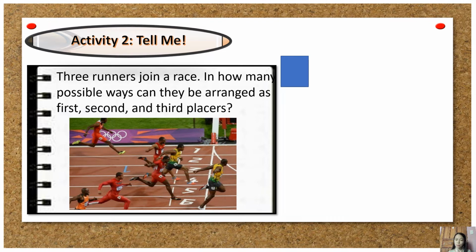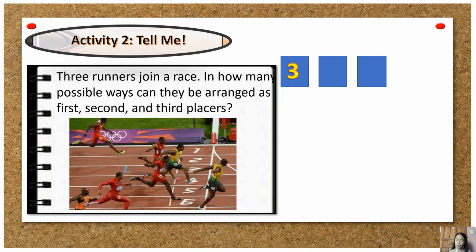If one of them is the first placer, then only two of the rest can become the second placer. And if one of them is the first placer and one of them is the second placer, the remaining one is the only third placer.